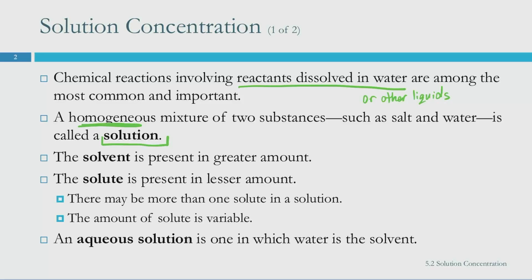Our formal definitions for the two or more things in a homogeneous mixture, a solution, are that the solvent is present in the greater amount. Solvent is the majority component. Most of the thing is the solvent.